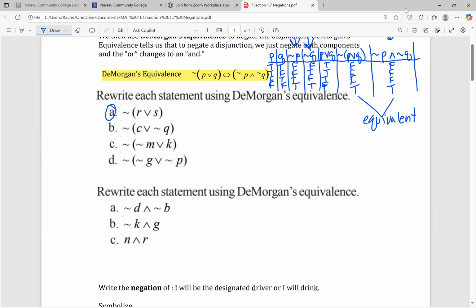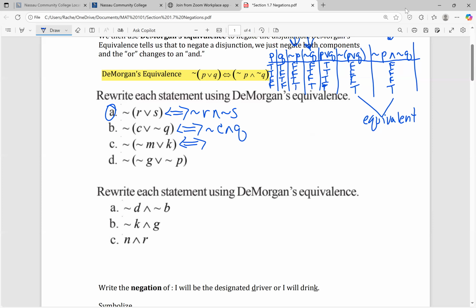So not (R or S) is going to be equivalent to not R and not S. For B, we're going to distribute the negation, right? So we're going to have not C, or becomes and, and we have a not Q, which is Q. So we end up with not C and Q would be equivalent.